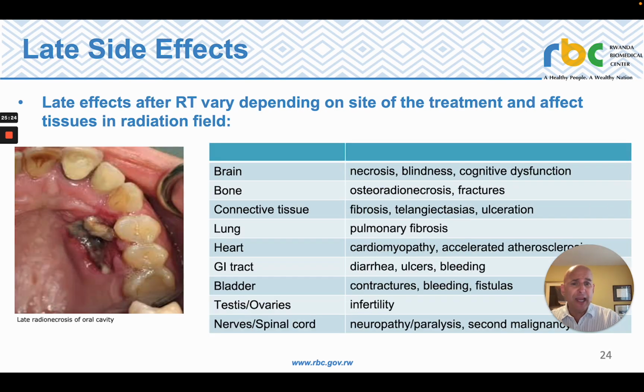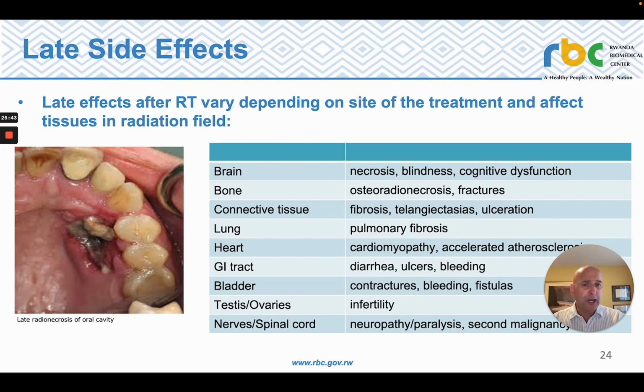When we talk about late side effects, as I said, these tend to be less common, but of greater concern and may be permanent. When we're treating brain tumors to high dose, we worry about things like necrosis of normal brain tissue, things like blindness and cognitive dysfunction.